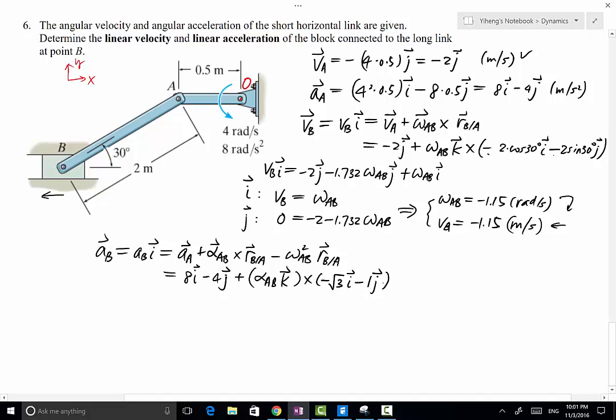Okay, and then don't forget minus omega AB squared.